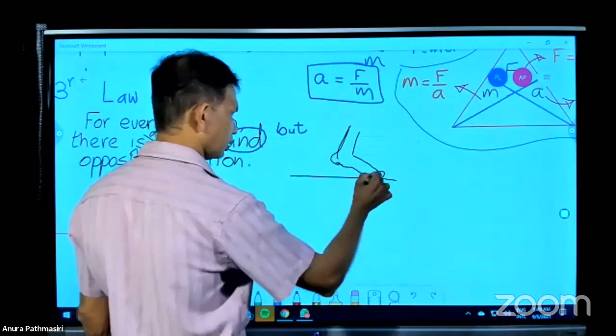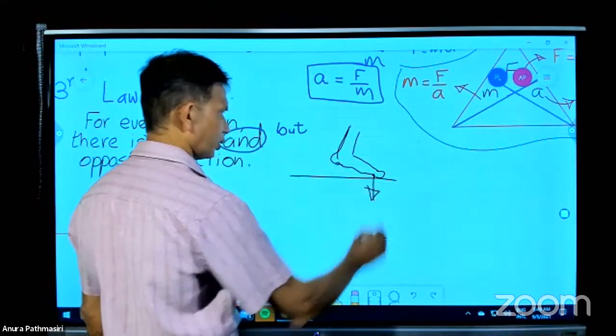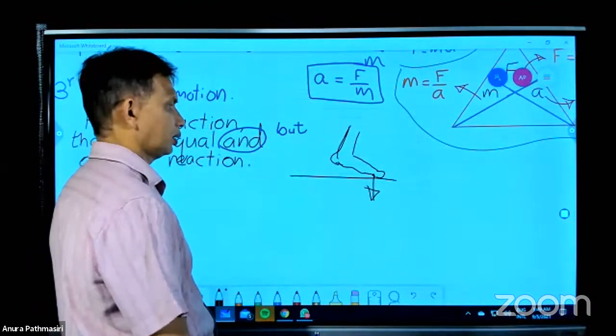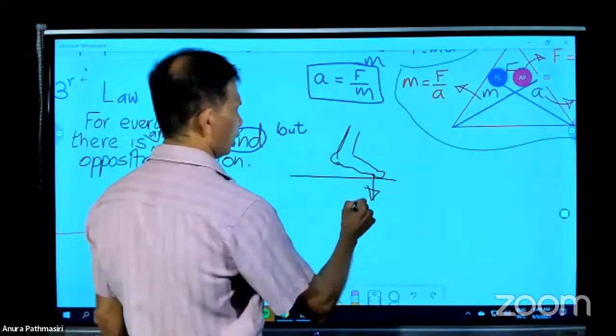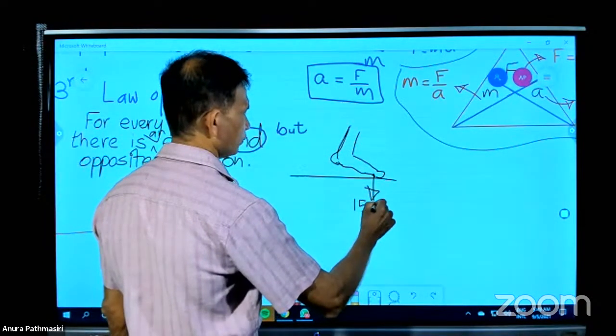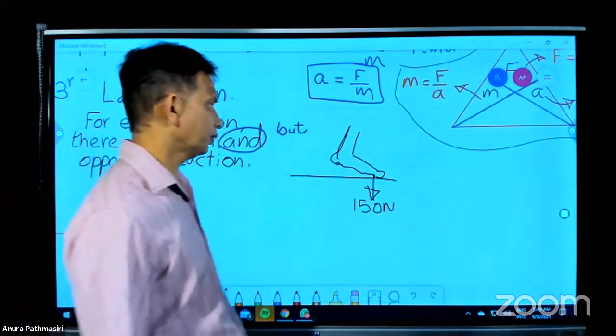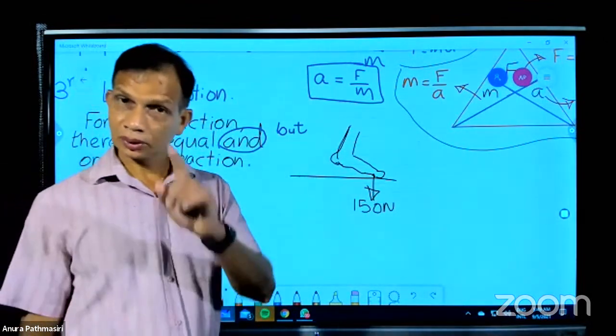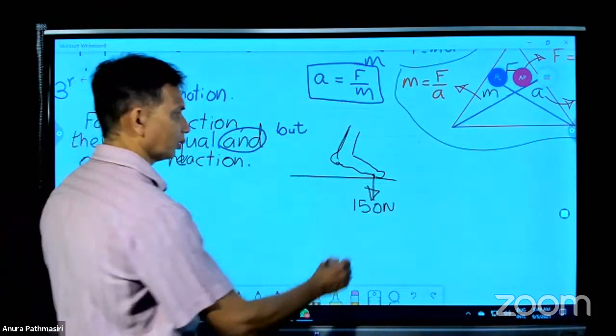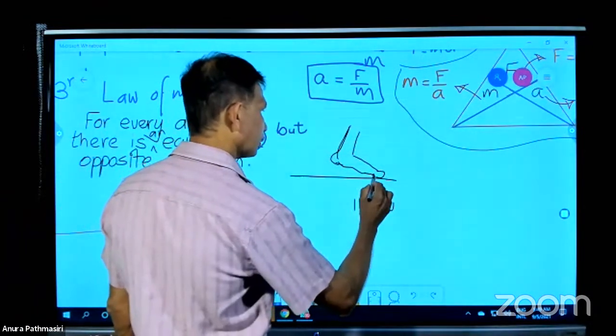Imagine you are exerting 150 Newton. You know what the floor does?